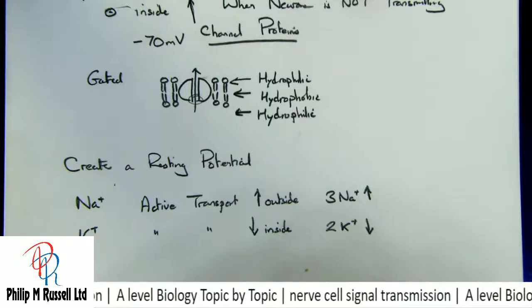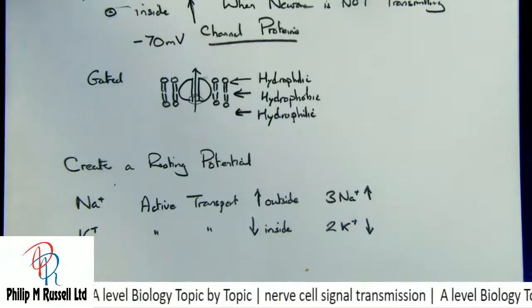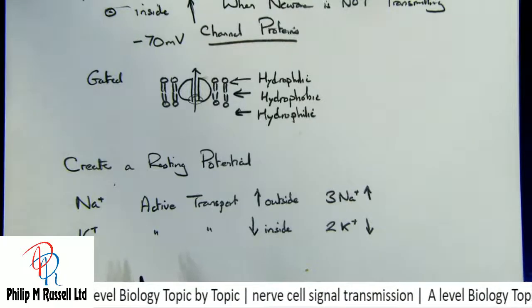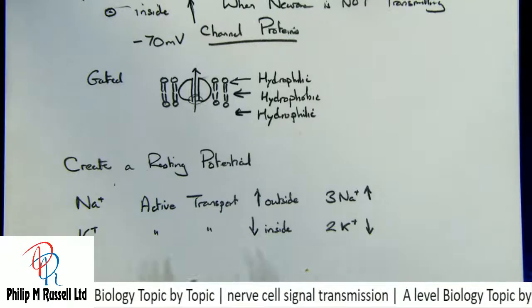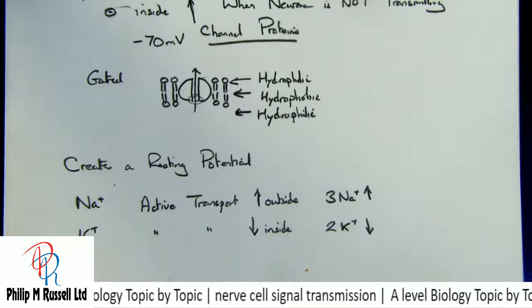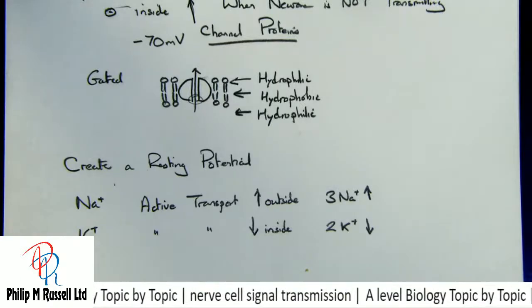This is the name we give to a concentration gradient of ions, whereas potassium ions will want to try and diffuse out of the axon.